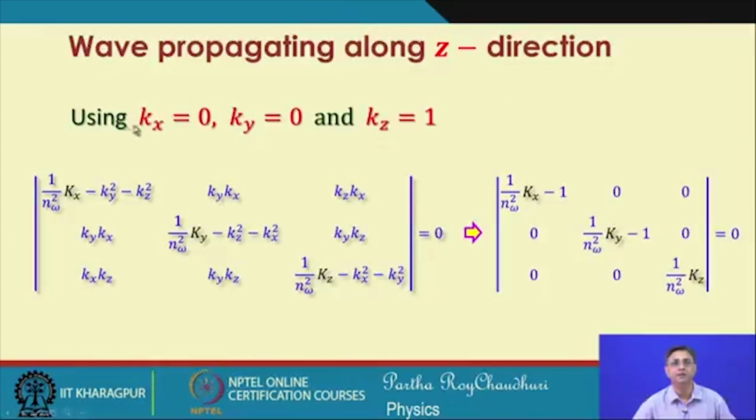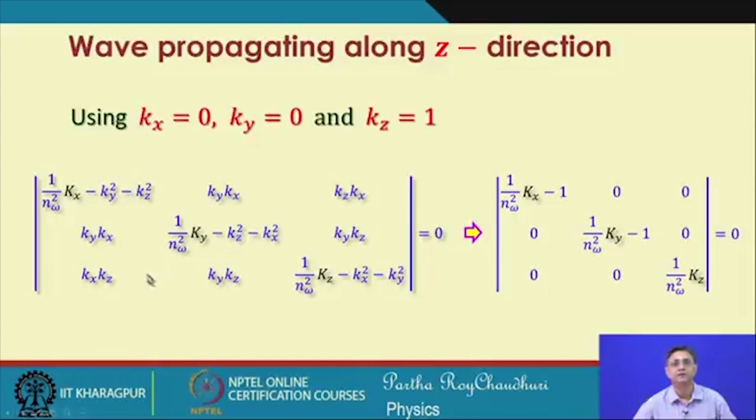We use these values kx equal to 0, ky equal to 0, but kz equal to 1. This equation will take this shape, because kx equal to 0 makes this term 0, this term also 0, and ky will make this term 0.